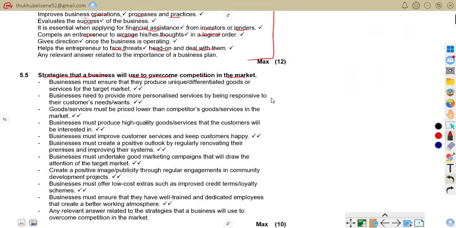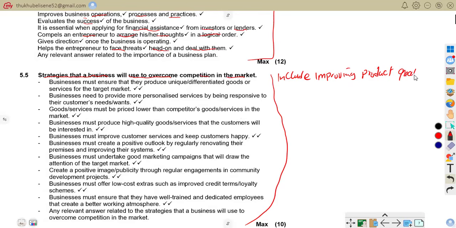So the strategies to overcome competition include improving product quality, offering good customer service, lowering prices, and as well as innovating.